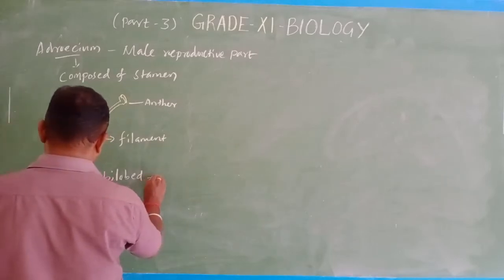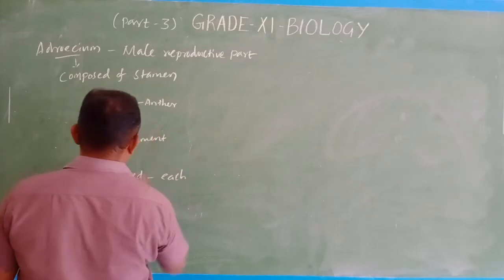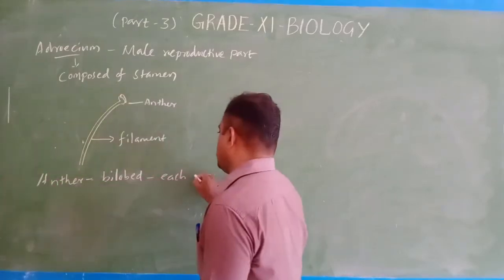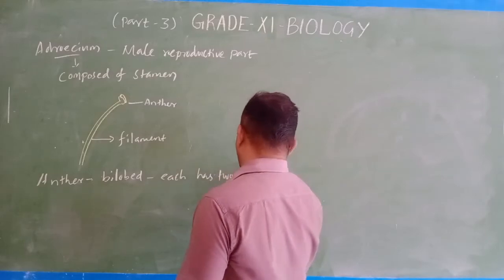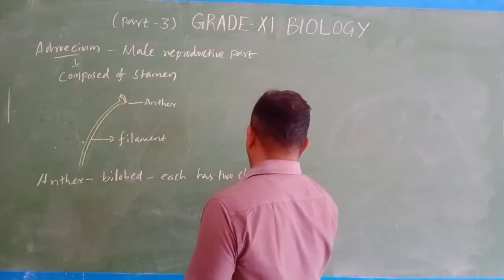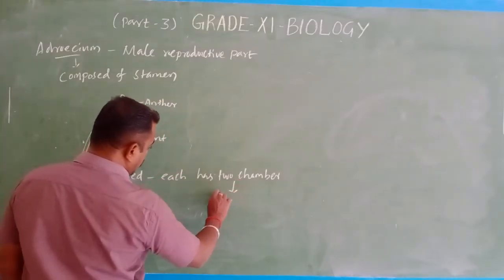Each bilobed structure has two chambers. That is the pollen sac.